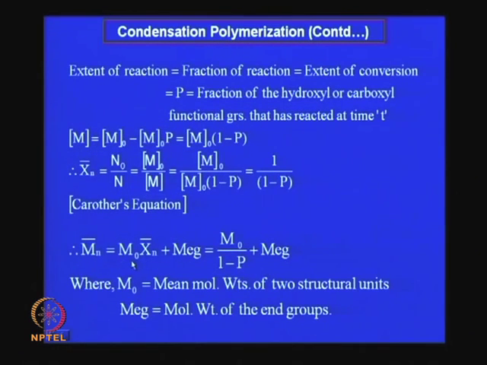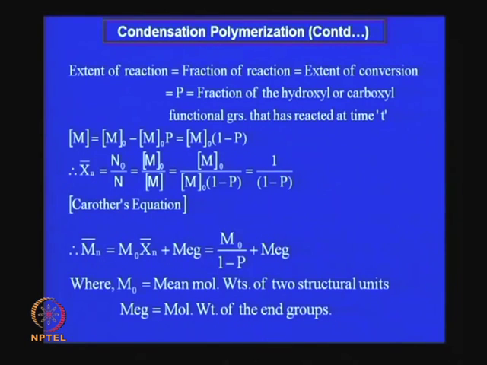It is the molecular weight of the structural unit enclosed within the bracket, multiplied by this degree of polymerization, plus two end groups, the mass of the end groups, left side, right side, and xn bar is equal to 1 by 1 minus p. It's very simple, but you have to do practice. Okay. I am going to the next slide.